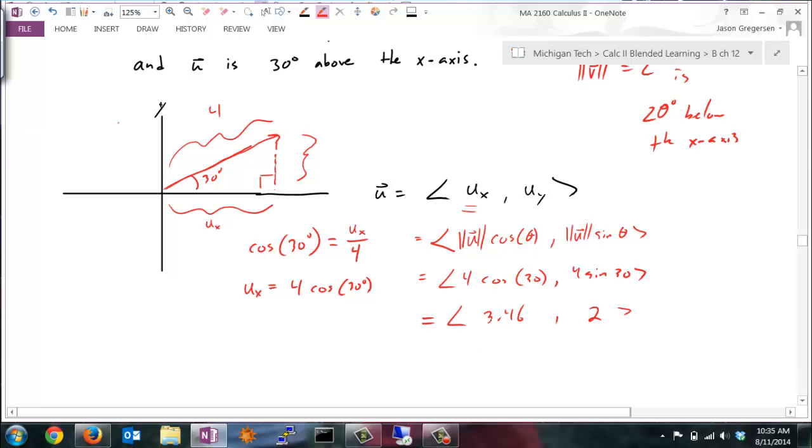All right, what if I was over here? This one has a length of 6, and this angle is 70 degrees right there. This is my vector W. First, I want the formula here.